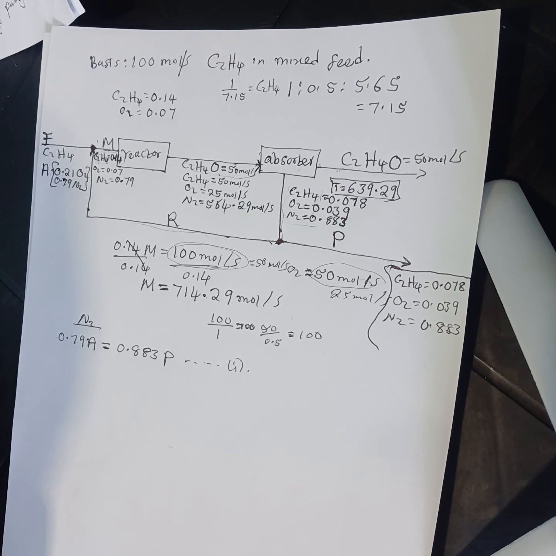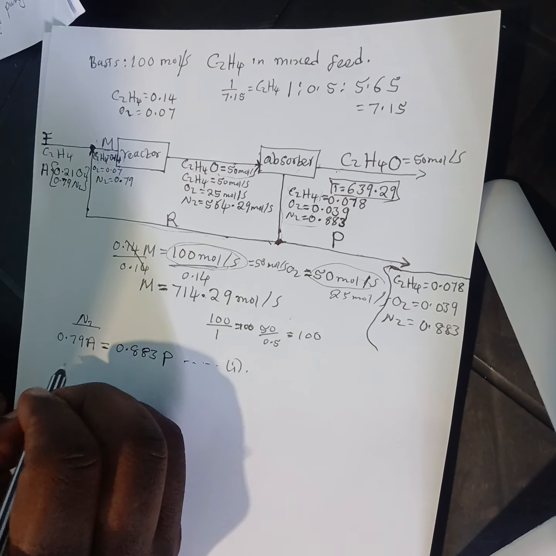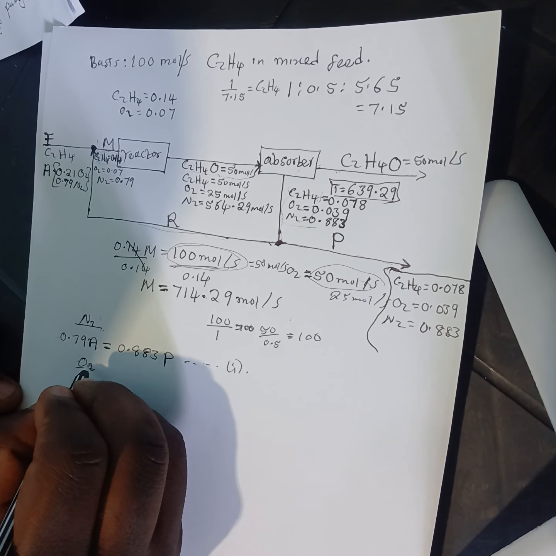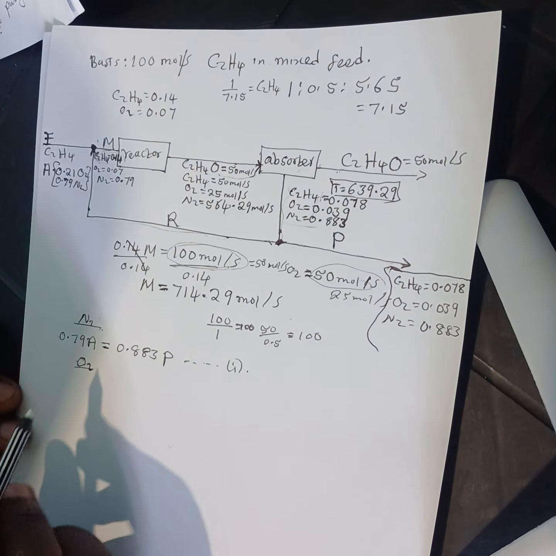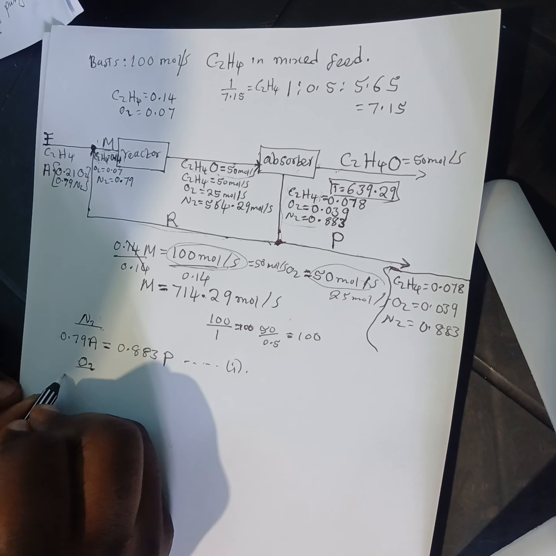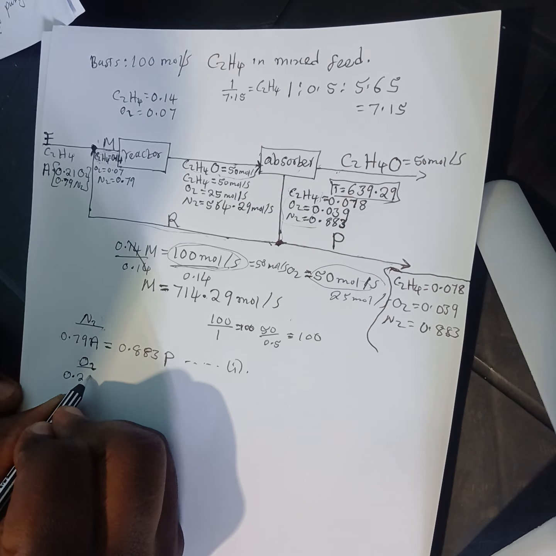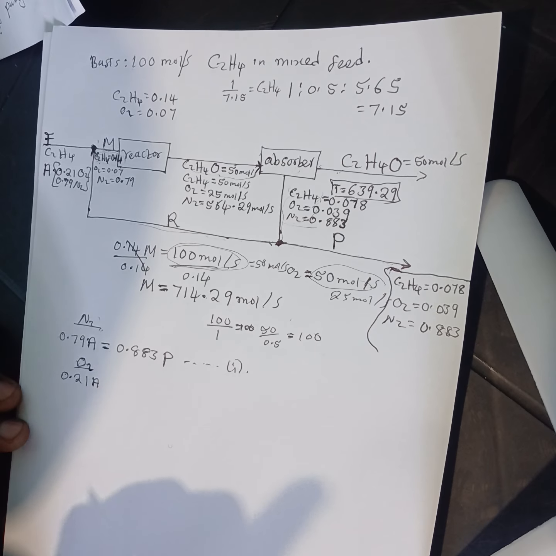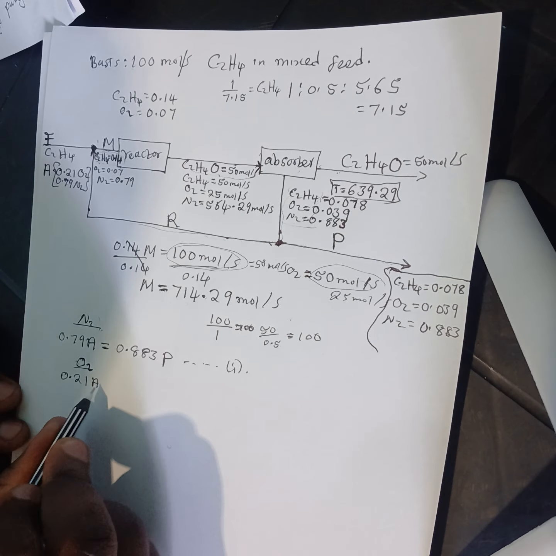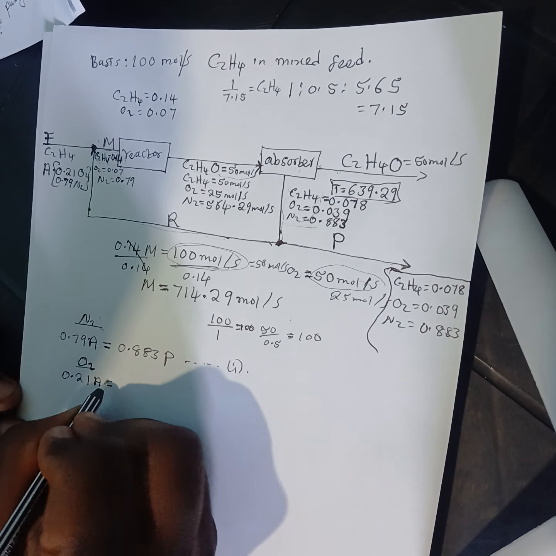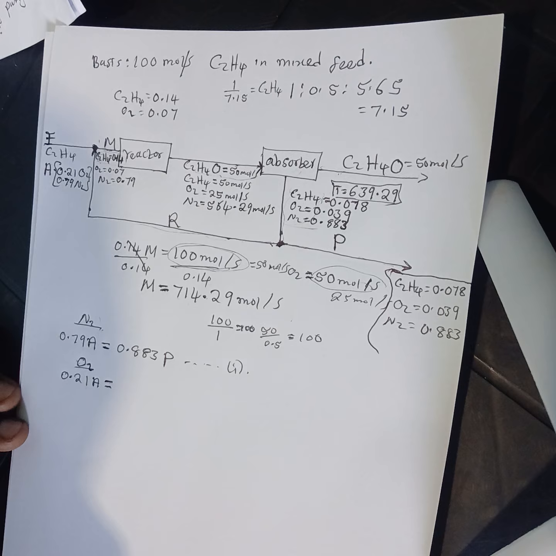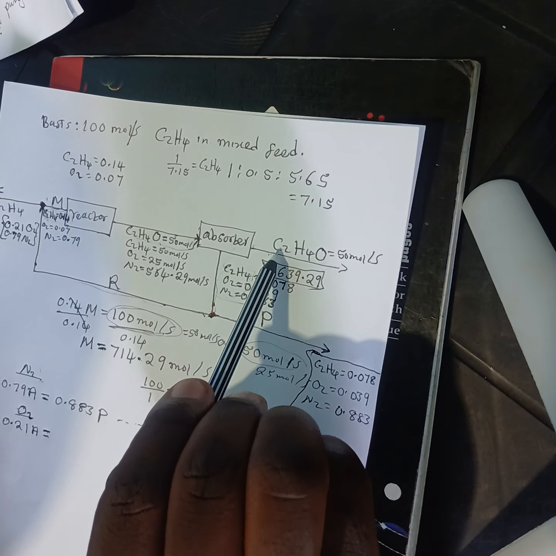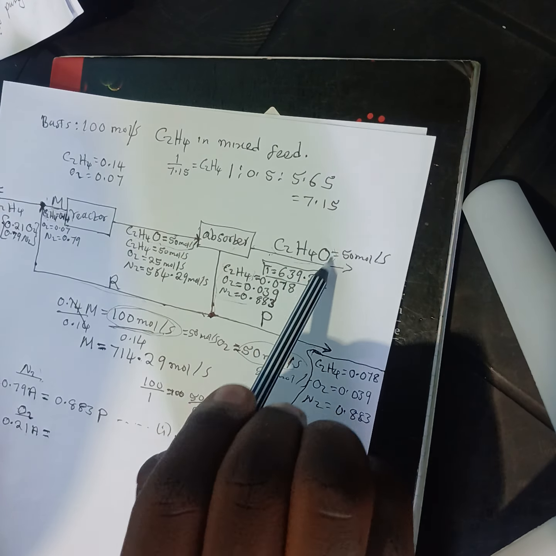Let's also see a component balance for oxygen. Oxygen is 0.21 of A. That's the amount of oxygen entering. 0.21 of A is equal to the amount of oxygen present in the product here.